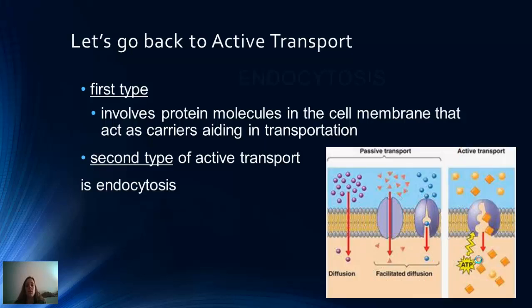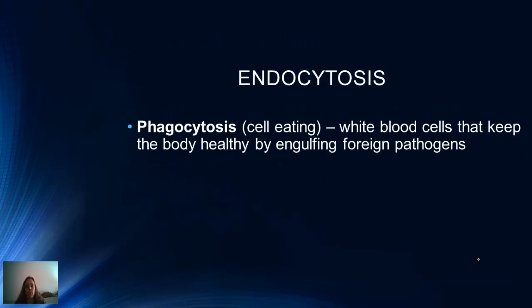Okay, let's talk about endocytosis. There are two types of endocytosis. The first is phagocytosis, which literally means cell eating, and it's when white blood cells are engulfing foreign pathogens. So germs, bacteria that will make us sick, the white blood cells come along and quite literally eat them.